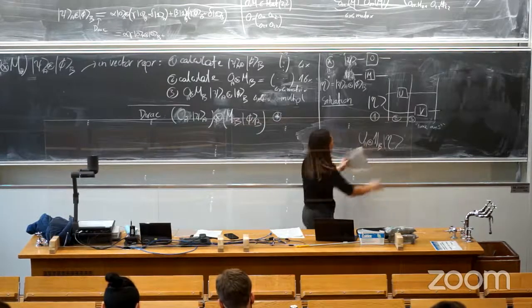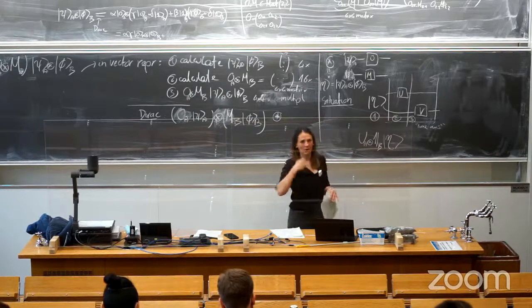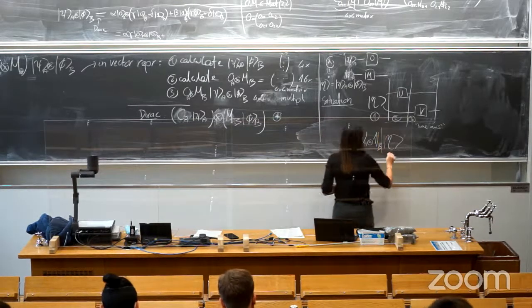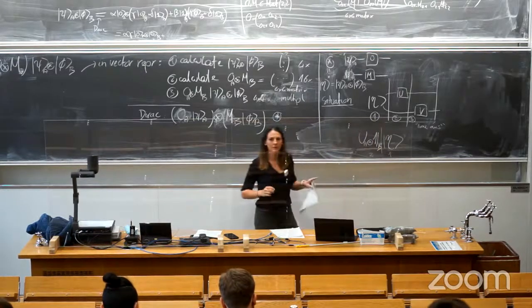Very important, remember, the time axis in calculation is the opposite. So this is my kind of step 1, this is my step 2. For step 3, what do I do?